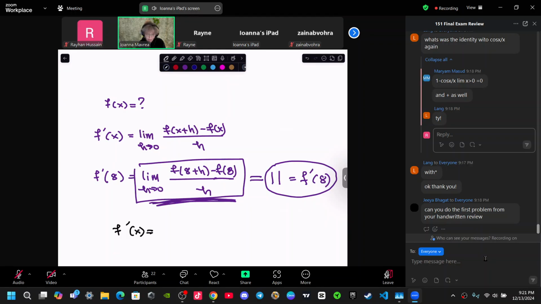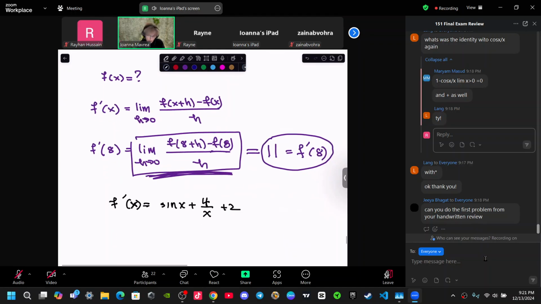So let's say the derivative at x, not a particular x, just x, is, I don't know, sine x plus 1 over 4 over x plus 2, whatever. Then if I know what the derivative is equal to, what's the derivative not at x, but at x squared? How do I find that? What's the difference? If I know one derivative at x, what's the derivative at x squared?